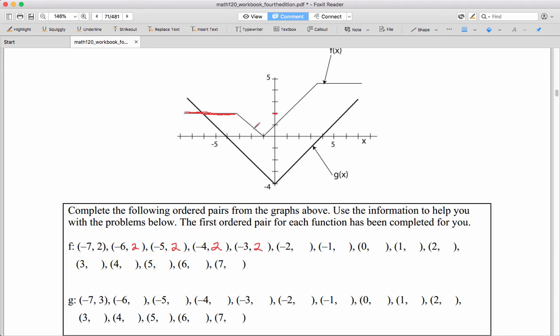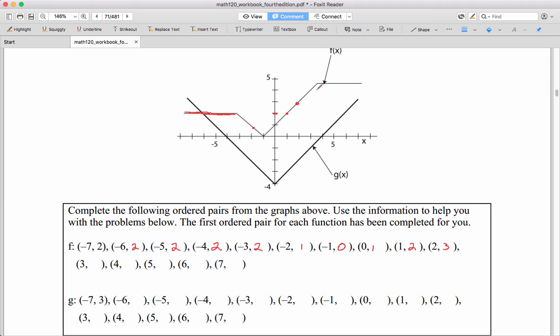And then when we get to negative 2, it looks like we're at 1. At negative 1, it looks like we're at 0. At 0, it looks like we're at 1. At 1, it looks like we're back up to 2. At 2, it looks like we're up to 3. They say assume integer values all the way along here to make our life easy.